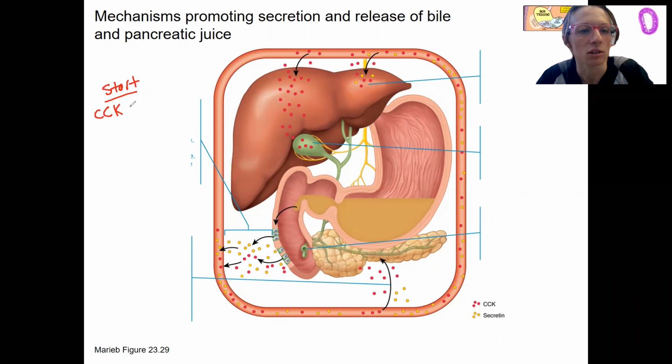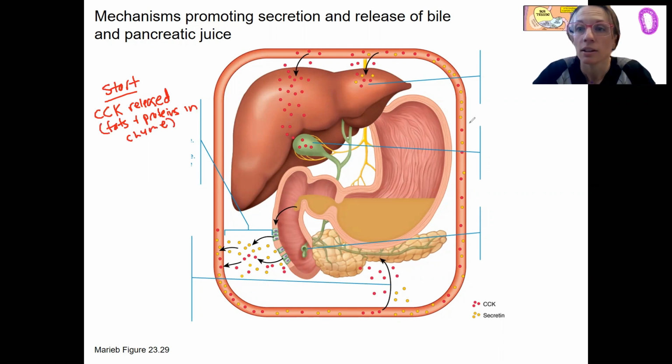CCK is released in the cells of the glands of the duodenum in response to fats and proteins in the chyme. That is the stimulus for that. Secretin is released from intestinal glands as well.